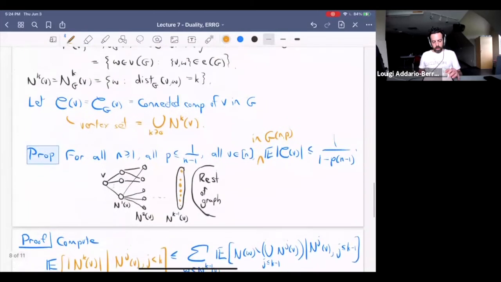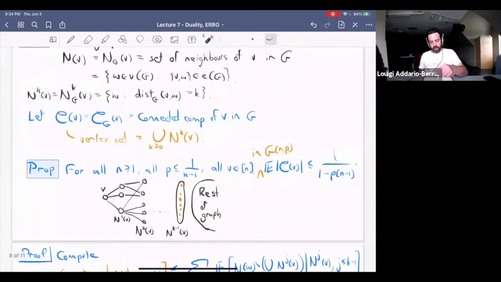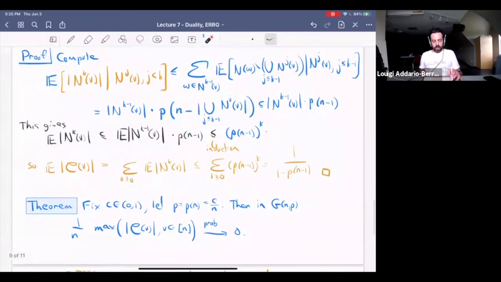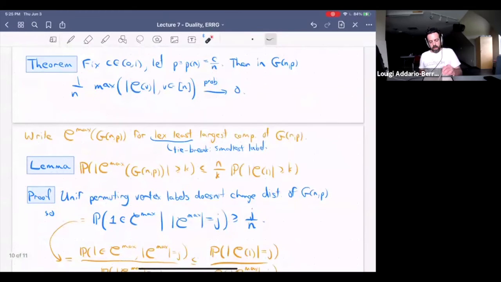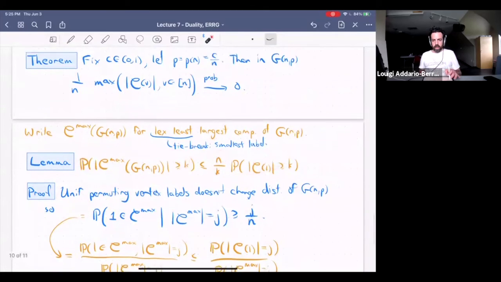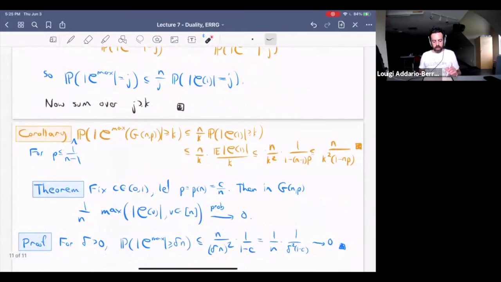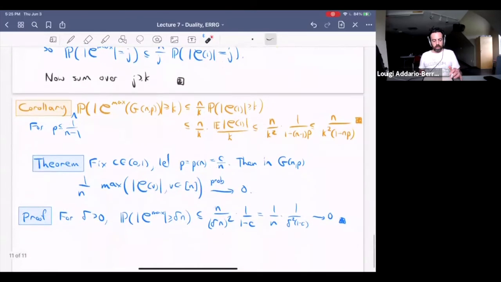We used a simple recursion to bound the expected size of the component containing a given vertex. Then we used symmetry to relate the size of the largest component to the size of the component containing a specific vertex. And then we just used Markov's inequality to get upper bounds on the component size. So that's the whole proof structure.